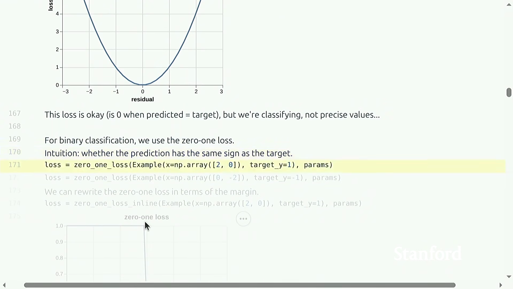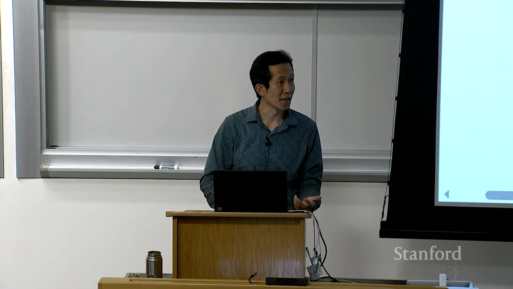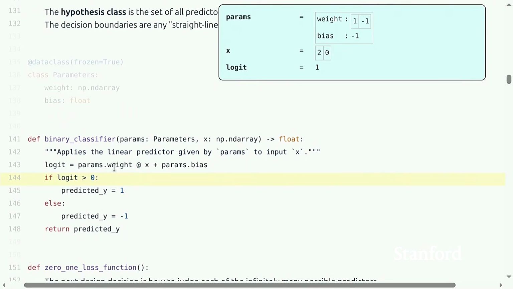Okay, so let's do a quick example here. If I have this data point 2, 0, and the target is 1, I send it through these parameters. First of all, I'm going to make a prediction using my current parameters, so I'm going to see how well I do. So I showed you this binary classifier before. I compute the logit, threshold the logit.